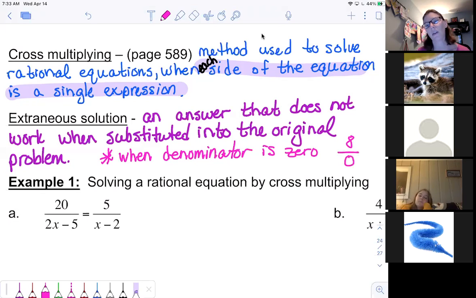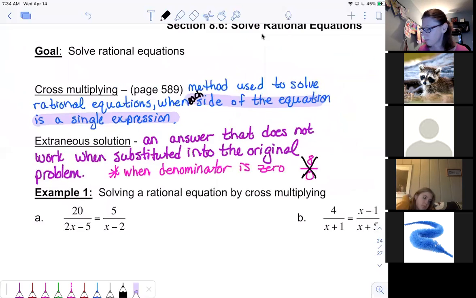I can't take 8 divided by 0, 7 divided by 0, 6 divided by 0. We can't divide by 0. We know that doesn't exist. So that is when an extraneous solution occurs with fractions. So anytime a number that you get makes the denominator 0, then it's considered extraneous. So again, it doesn't matter that x is 0, it's when you plug it back into that problem that makes it 0. So let's look at these first two examples.